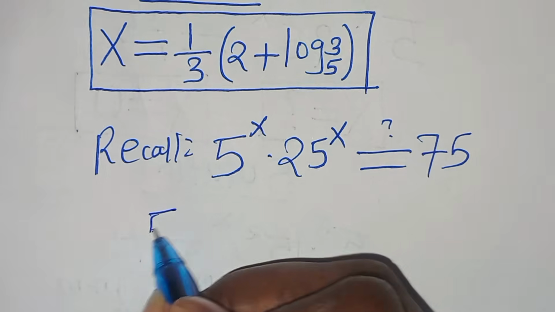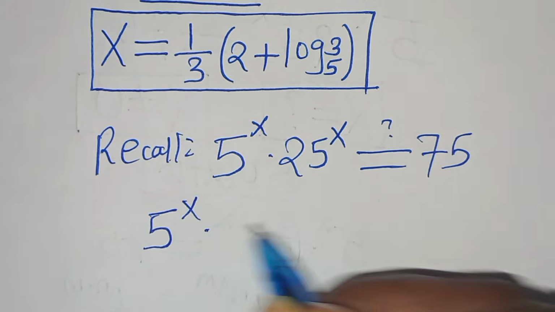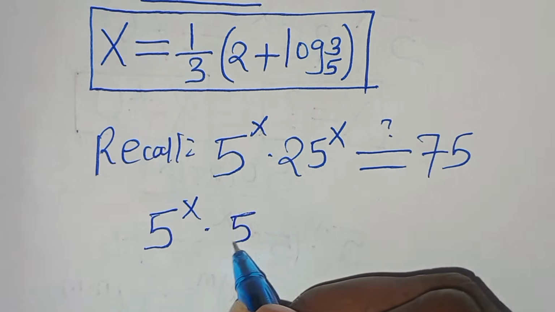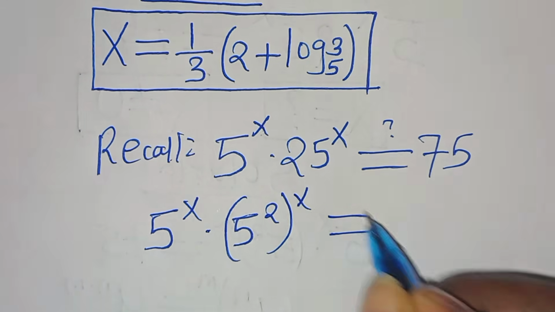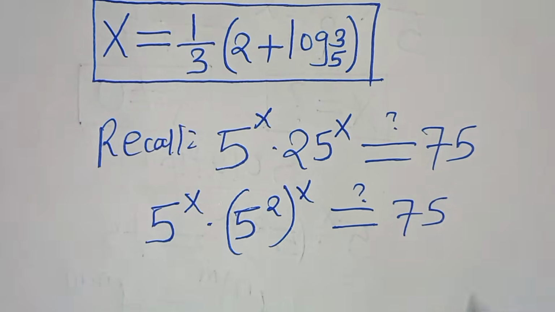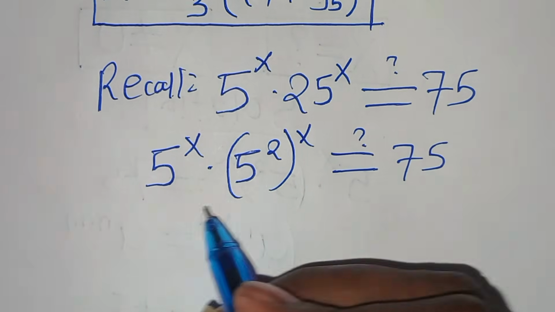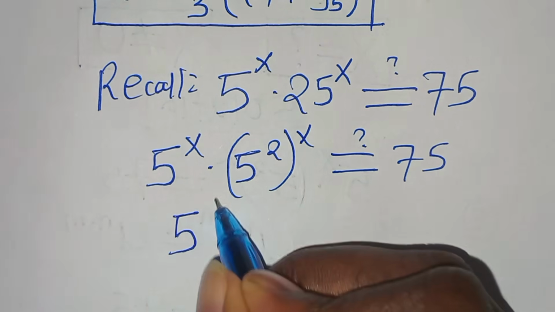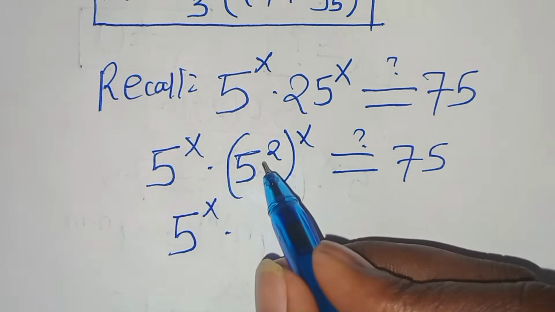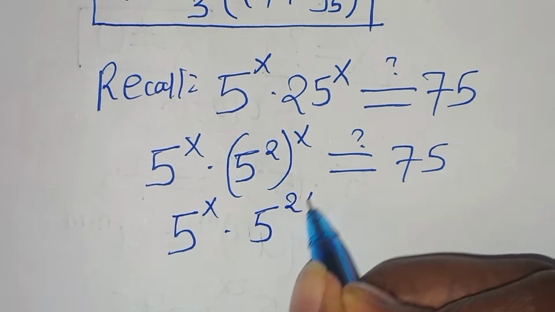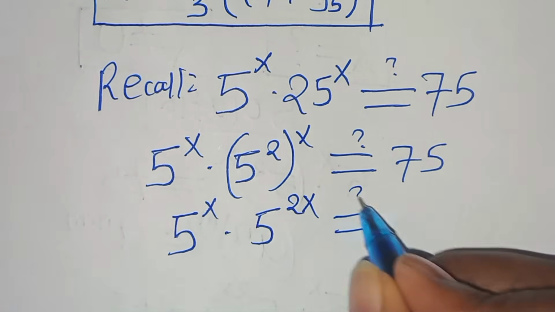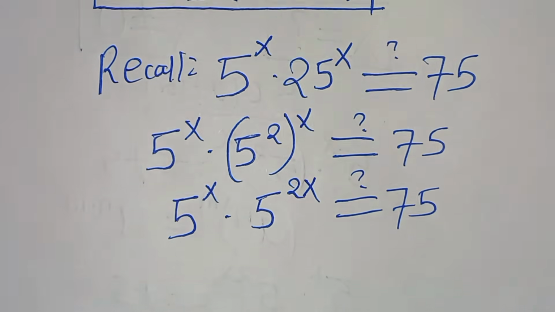Now 25 is the same thing as 5 to the power of 2, raised to the power of x. So we have 5 to the power of x times 5 to the power of 2 to the power of x, which we can express as 5 to the power of 2x. This should give us a value of 75.